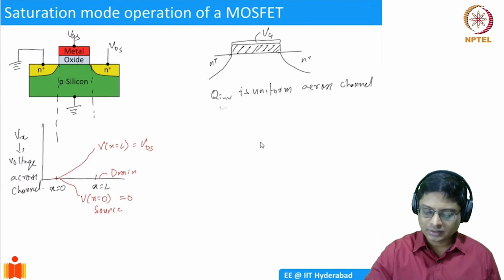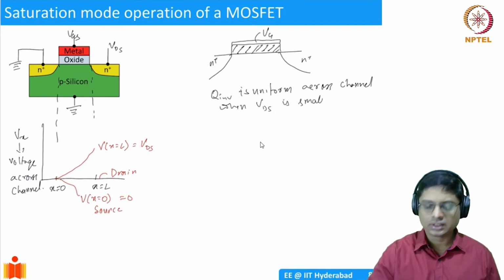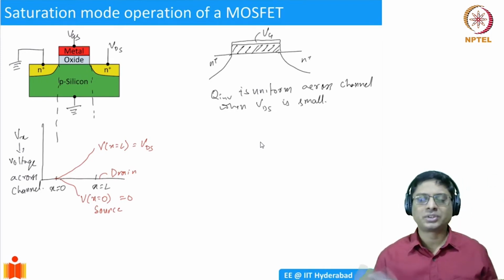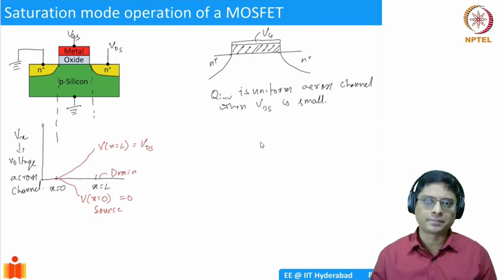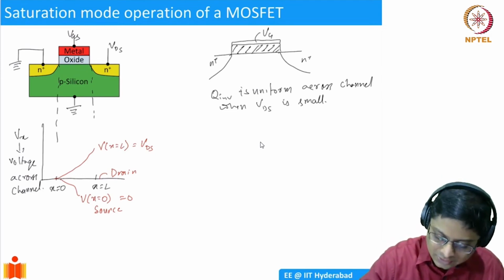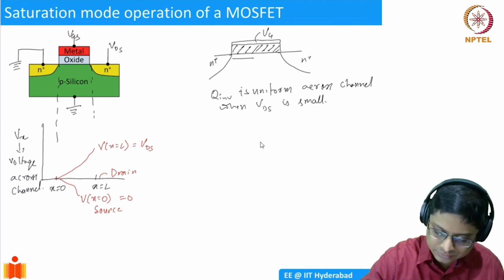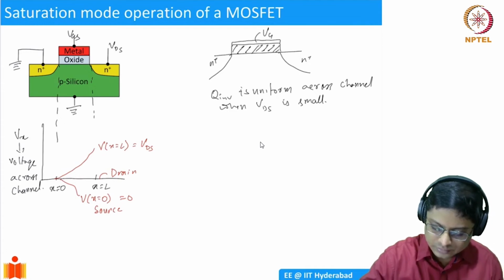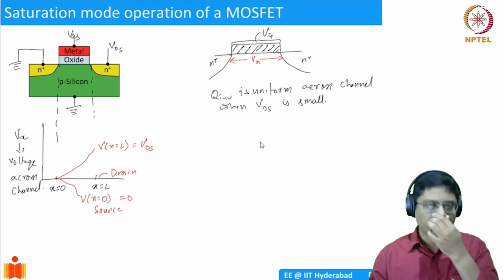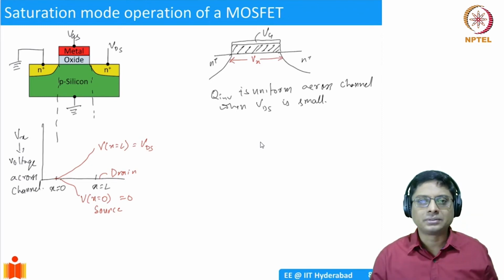When VDS is small, you just have a gate voltage, and bulk was at the same potential, so you didn't really have much of a problem. But now what you're seeing is this voltage across this channel here, right? This is Vx. All right. So if you have a Vx like this, what happens?